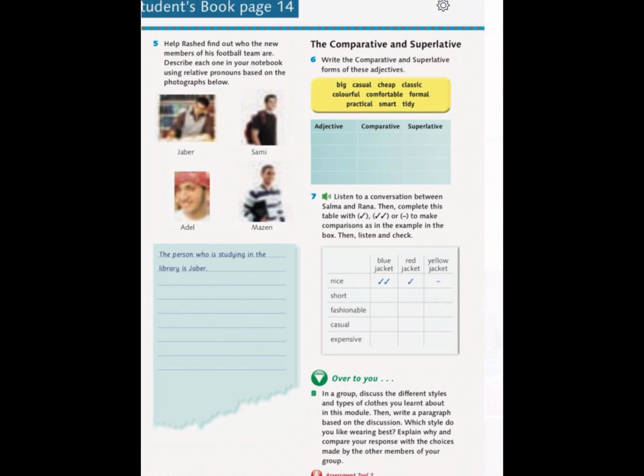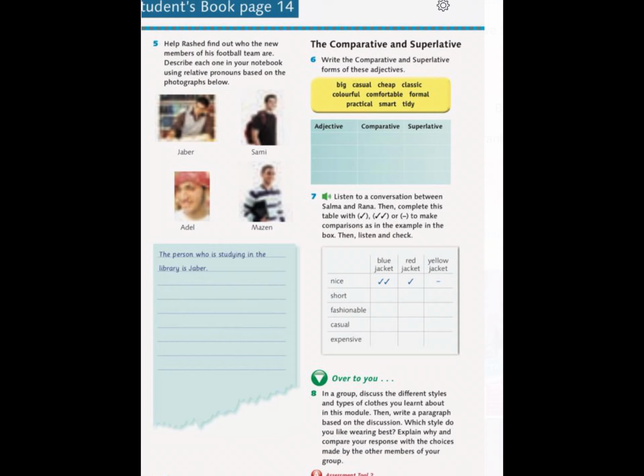Classic. Classic, we cannot say classicer or classicist. No, those are not words. So for the adjective classic, it becomes more classic than for the comparative, and for the superlative, it becomes the most classic. يعني قديم، إشي قديم كتير.